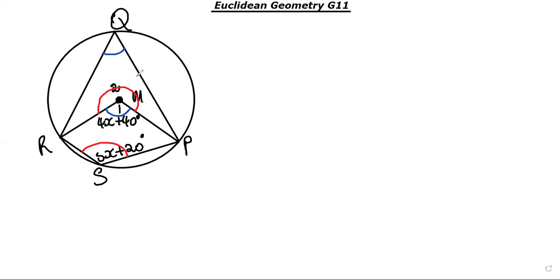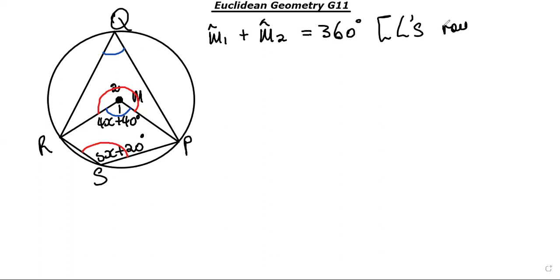So let's begin by finding the size of angle M2. So we can say, okay, if I take M1 and add it to M2, I get 360 degrees, because these are angles around a point. Or you can say it's a revolution.